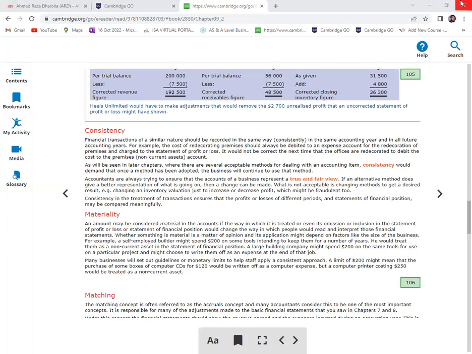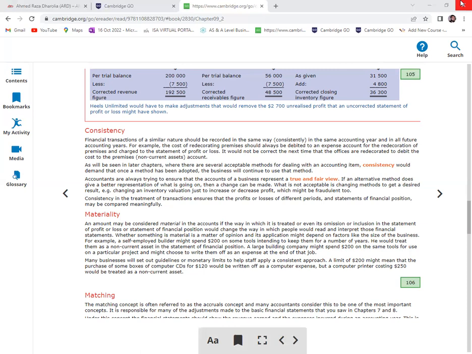For them, $100 is just like peanuts, meaning ignorable amounts. For these big companies, $100 is nothing. But for you, for a small bakala shop, small grocery shop, $100 is a material amount.